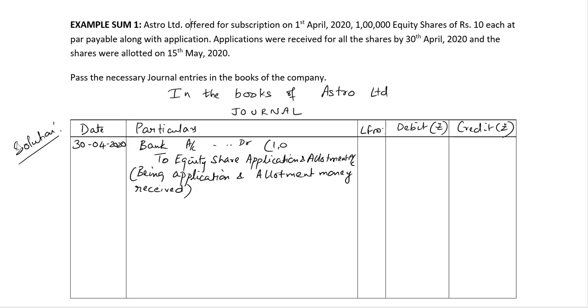The amount of application and allotment money is 1 lakh equity shares multiplied by 10 rupees per share. It's issue at par. So the face value is 10 and the issue price is also rupees 10. So the amount is 10 lakh rupees.